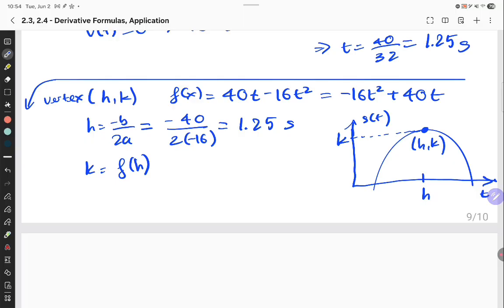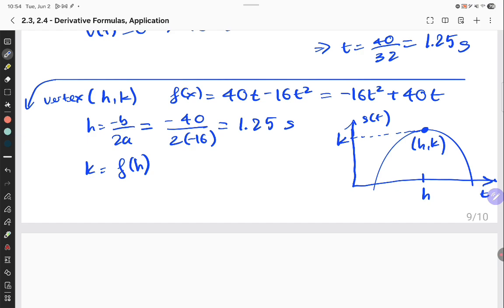What does this one stand for? I'm going to get some number, right? What's that? A constant, yes, you get a constant, but what does it tell you? So H tells you the time it gets to the maximum height, right? The moment it gets maximum height is exactly 1.25 seconds.